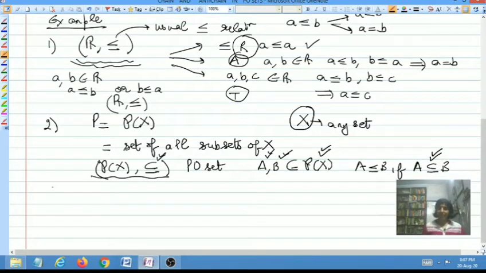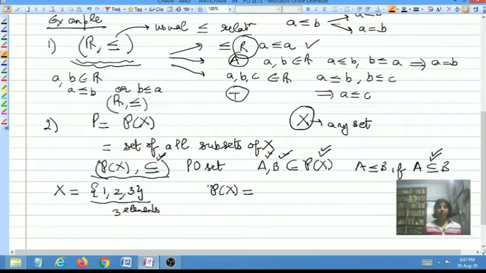Now to be precise in this particular example, let me take my X to be {1, 2, 3}. You can choose your X to be anything. And I'm taking the power set of X in that case, because this has 3 elements. Whenever the number of elements in a set is 3, then the total number of elements in the power set of X, which means the total number of subsets of X, is going to be 2 to the power 3, which is 8.